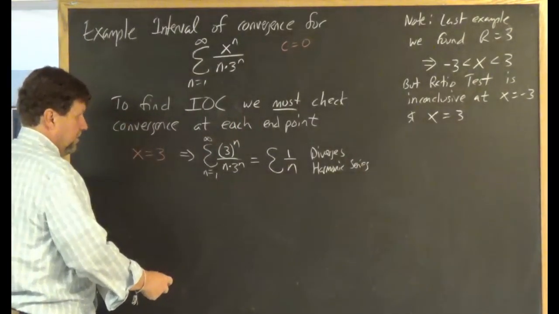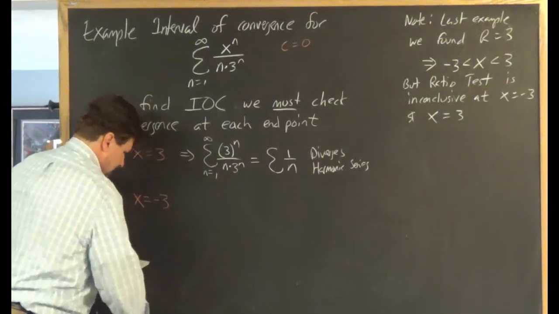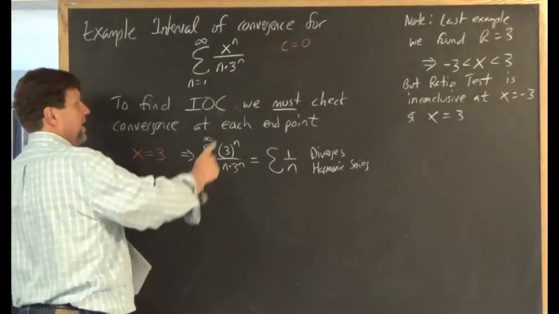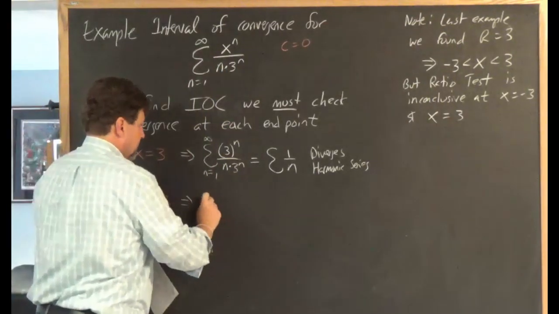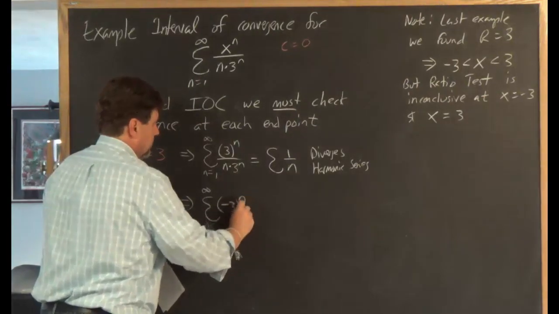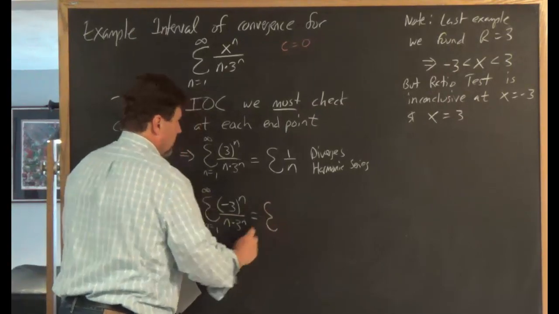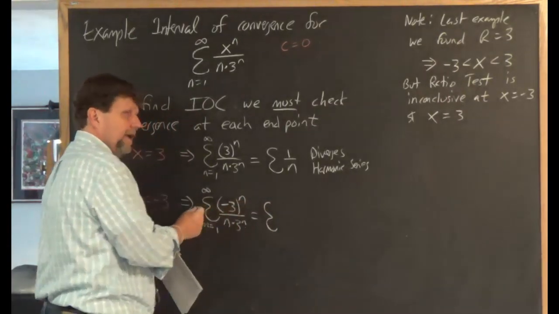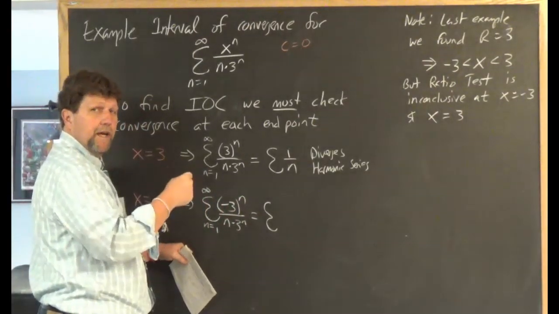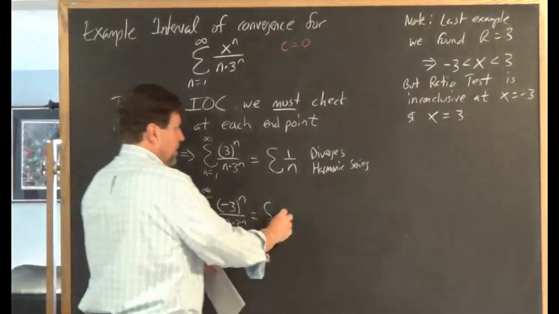Okay, so we still need to check the endpoint -3. So when we check the endpoint -3, we put -3 in for the x. And just a little bit of rewriting. Remember, -3 can be rewritten as -1 times 3. So we'd have (-1 times 3) to the n power.